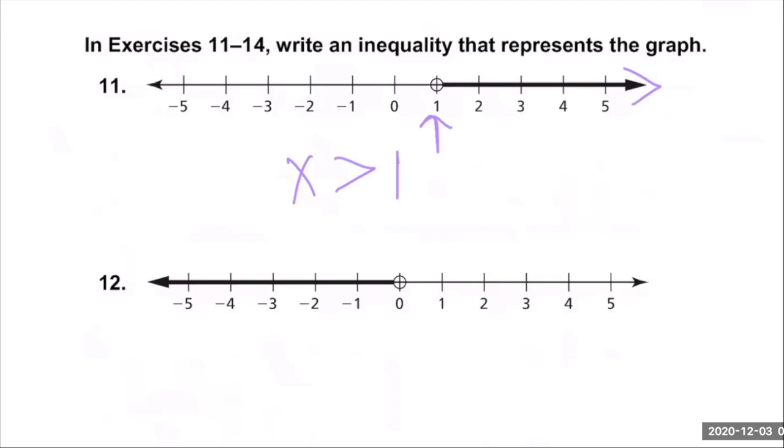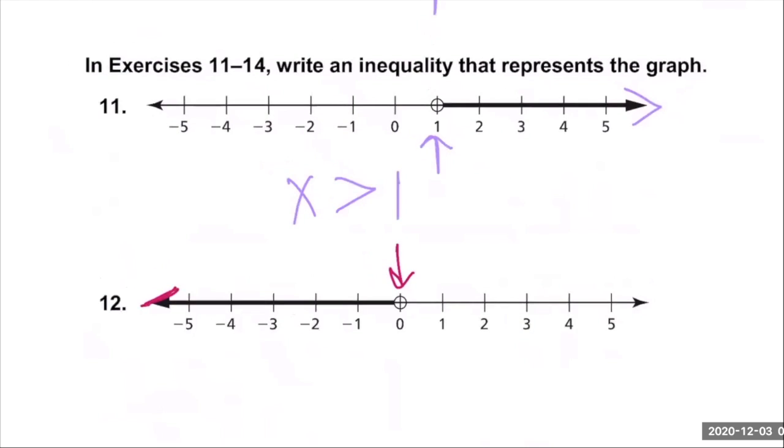Now we go back and we're going to do the same thing on number 12. So there it is. It's open. So that means no equal to sign underneath. My arrow of my line is going that direction. And so when I do that, I can see that that is my inequality symbol, which would be less than. So X is less than 0.